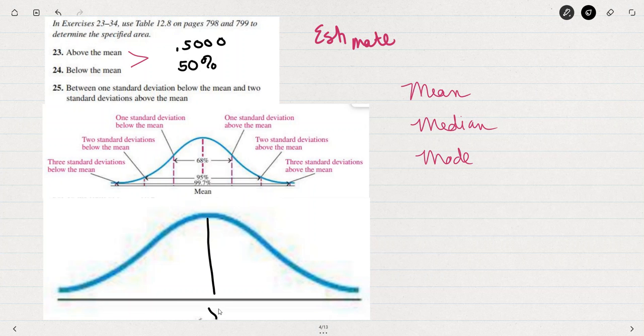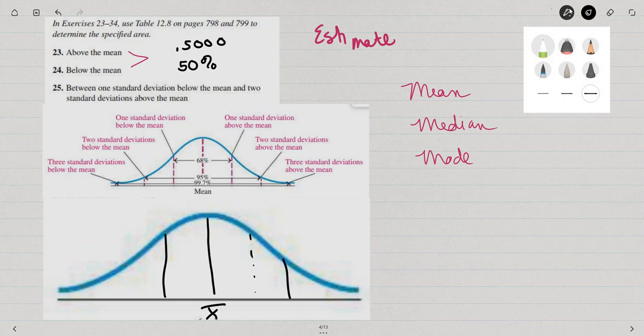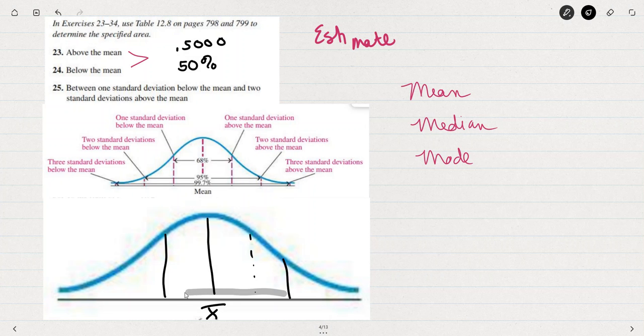So here's our mean, and if we're looking for 1 standard deviation below and 2 standard deviations above, then what we're looking at is this area, and we're trying to use the empirical rule to get an estimate of what percent of the area under this curve, under this distribution, under this blue curve, what percent lies in this region.